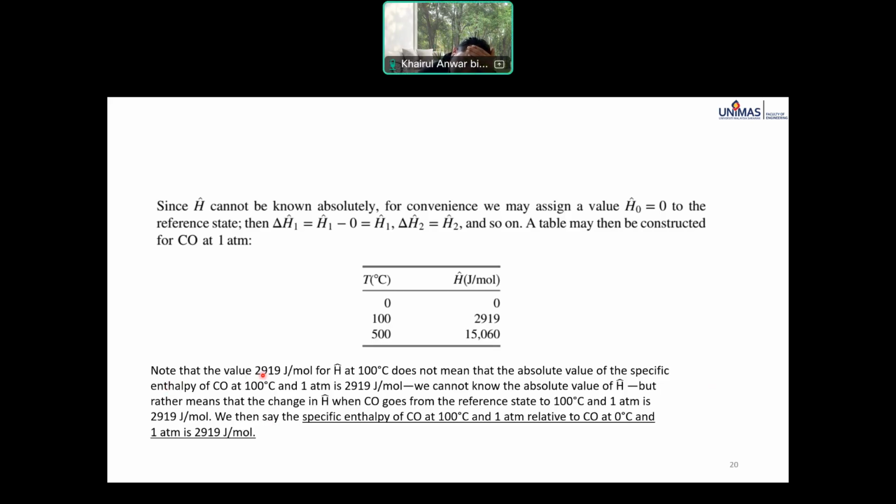Note that the value 2919 joules for H at 100 degrees C does not mean the absolute value of the specific enthalpy of CO at 100 degrees C is 2919, because we cannot be absolutely sure of the value of the specific enthalpy.